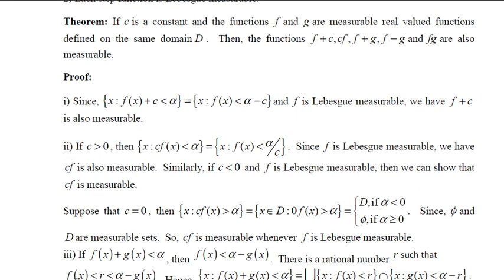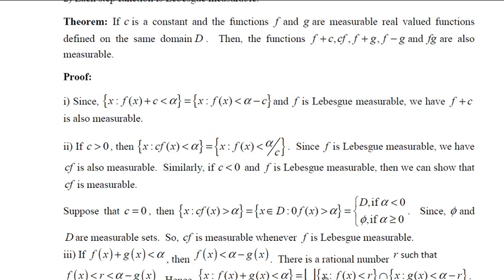Now see here, the set of all x for which f of x plus g of x is less than alpha is nothing but the union, depending on r, of the set of all x where f of x is less than r, intersected with, if you send r to this side and minus g of x to this side, g of x is less than alpha minus r.